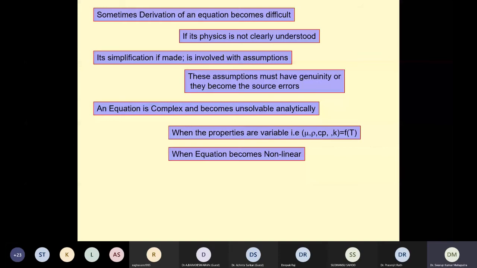Professor Vishwas has already told some solution methods, and the point is this: when properties become variable in character, they lead to nonlinear equations, and these nonlinear equations are unsolvable analytically. We don't have a closed form solution.